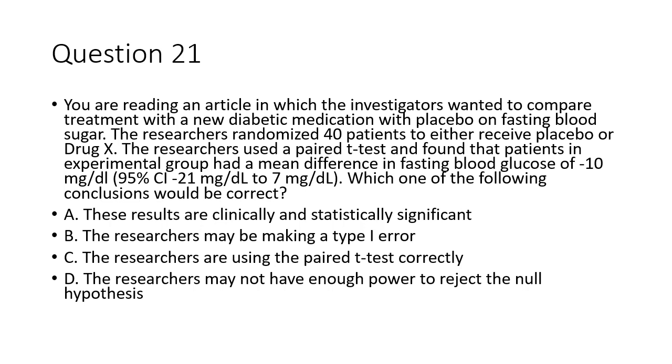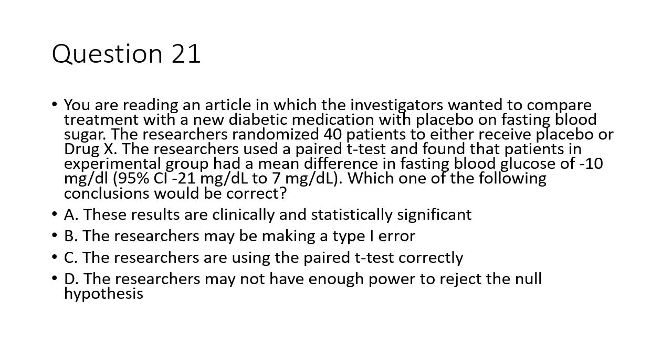Again, because if the means are the same, say, 40 minus 40, and you get 0, that means there's no difference, right? So that's why 0 is going to be our cutoff point for significance here. So because the results went from negative 21 up to positive 7, that crosses 0, we can automatically say that this is statistically not significant. We could rule out A as being a correct answer, okay?